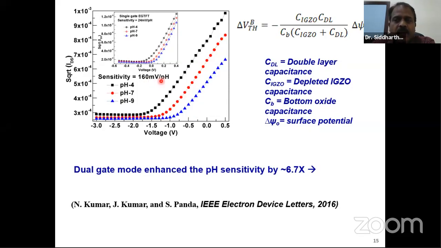Just to recap, the base device in this particular case had 24 millivolt per pH. If we add a nano coating, we went up to 110 millivolt per pH, and then by changing the device design, we were able to go to 160 millivolt per pH.